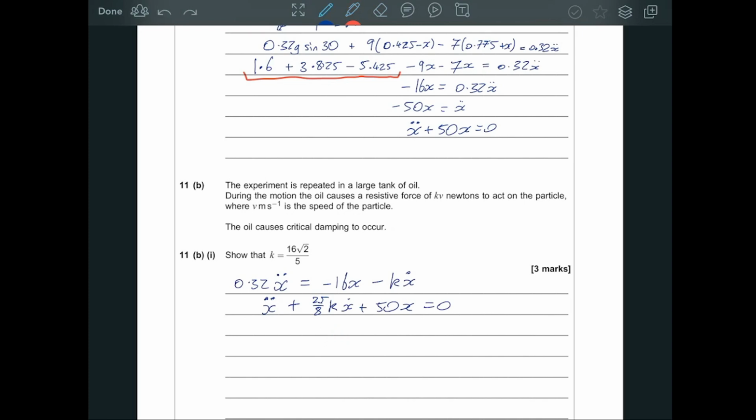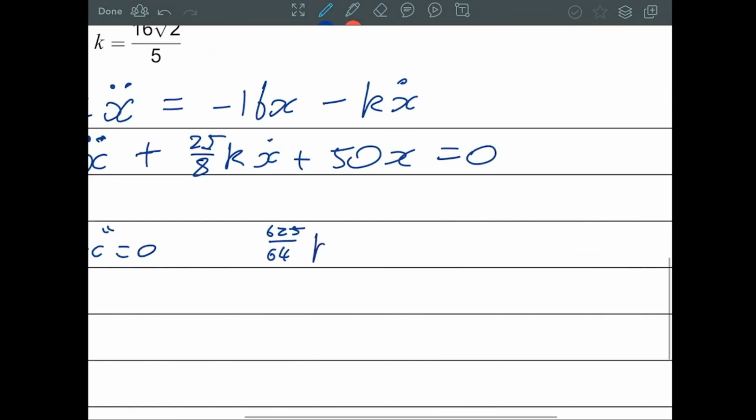But now we can do exactly the same thing. B squared minus 4ac is going to be equal to 0. So 625 over 64 k squared minus 200 equals 0, very similar to before. So k squared equals 200 times 64 over 625, which is 512 over 25.